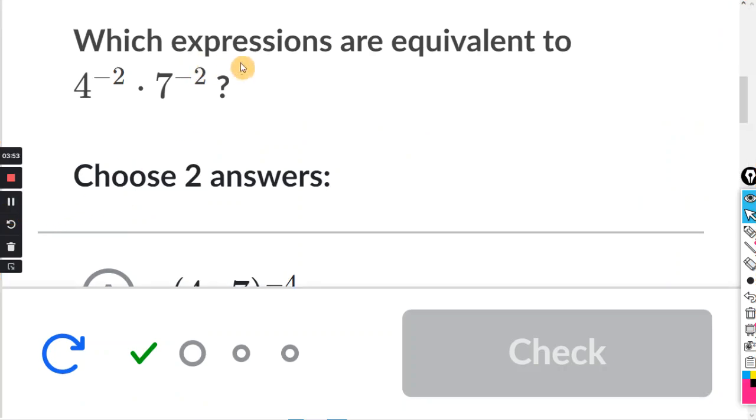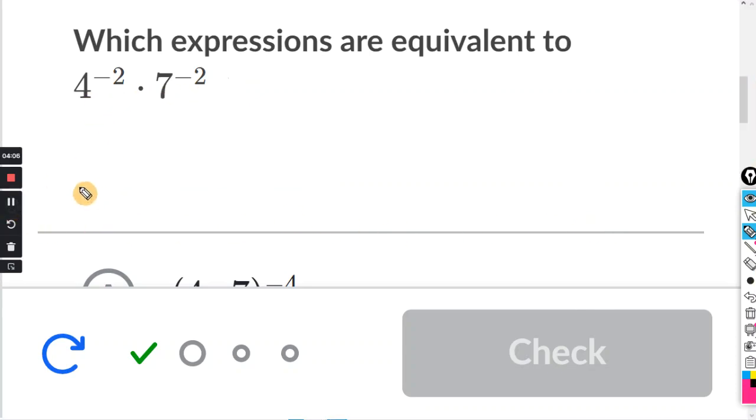All right, they want to know which expressions are equivalent to 4 to the negative 2 times 7 to the negative 2. All right, and we basically just did this a minute ago. If you have x times y, and let's say the power is negative 2, that gets applied to both terms, the x and the y.